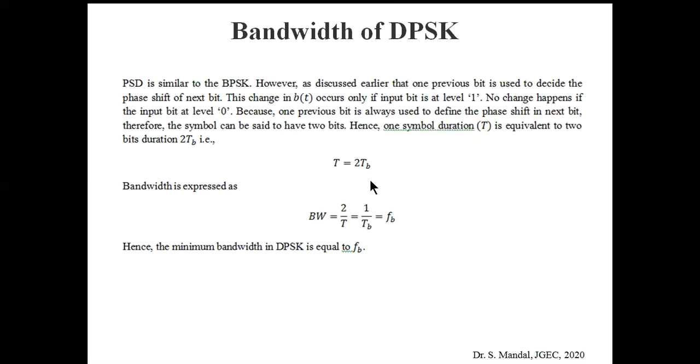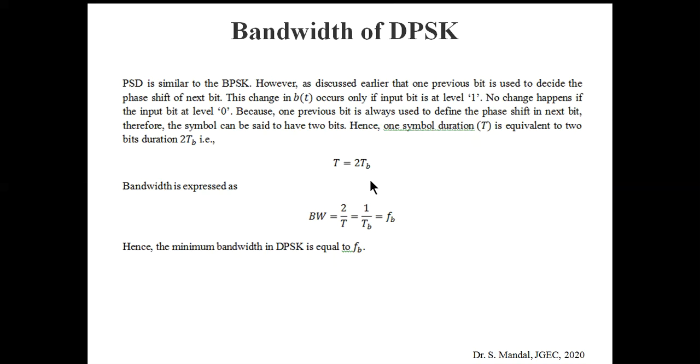That means if the previous phase shift is 180 or 0, then depending on that the current will be either 0 or 180. So if current is 1, obviously there will be a phase shift, and for 0 there will be no phase shift, but we need to know the previous bit. For this reason we can say that one symbol consists of 2 bits.